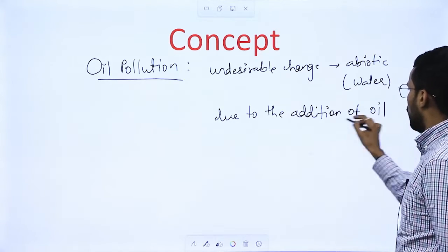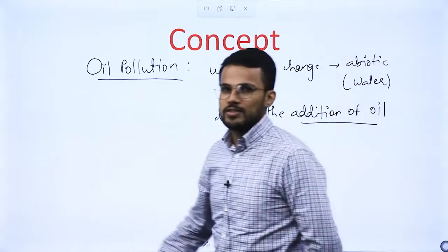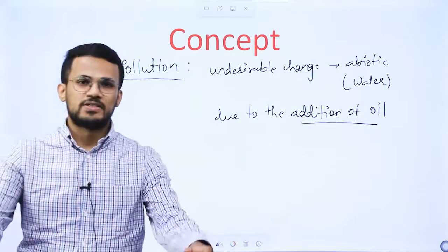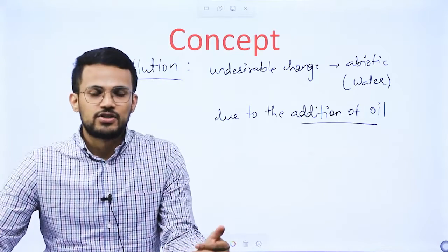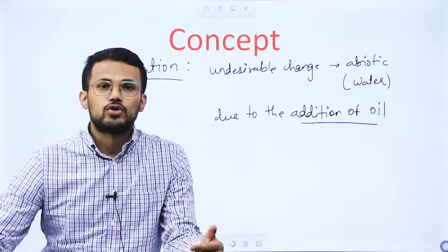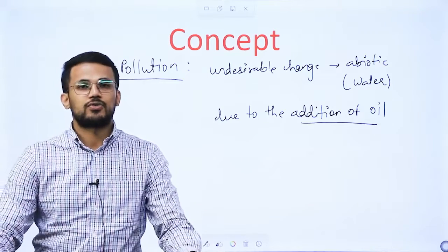And this addition of oil in various abiotic factors, especially water bodies, is the result of many reasons. It may be a result of accidental leakage from the offshore wells. It may also be the result of discharge from the ships.